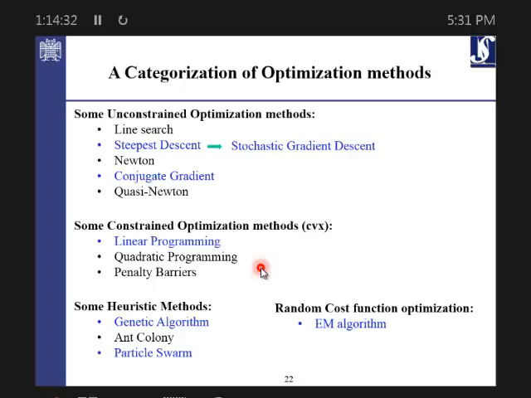These are all unconstrained optimization methods, together with so many other things. I didn't mention everything, but you have a lot of things under this category. For constrained optimization methods, I just mentioned the convex versions. For non-convex and concave versions, you also have some other methods. But normally we deal with the convex case.